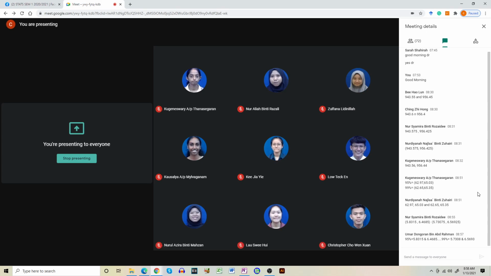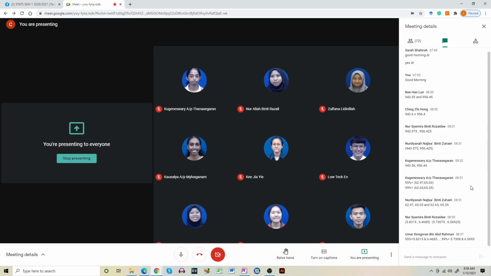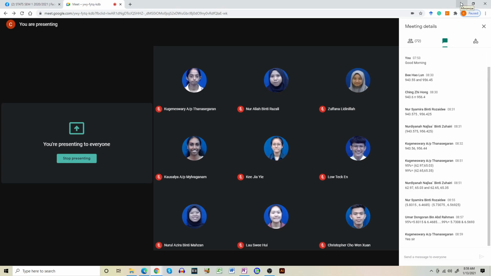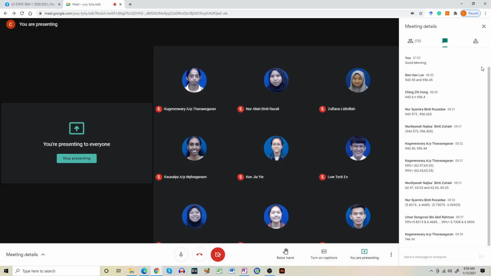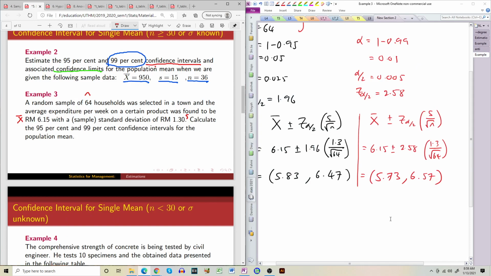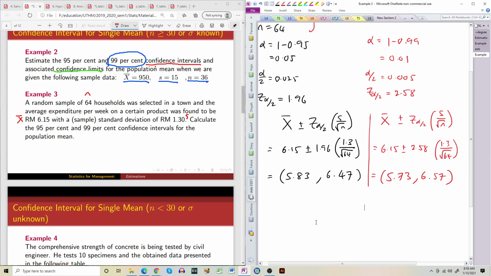No, Shamira is right. Maybe Kunis and Nur Diana, I appreciate your effort, but maybe you used mean as 64. Maybe, I don't know. Okay, maybe just rectify your mistakes. So first identify what is your mean and all these things. This is the answer for example 3.